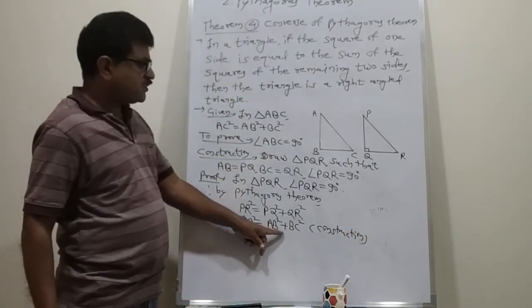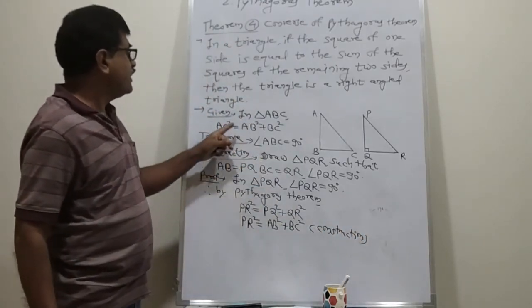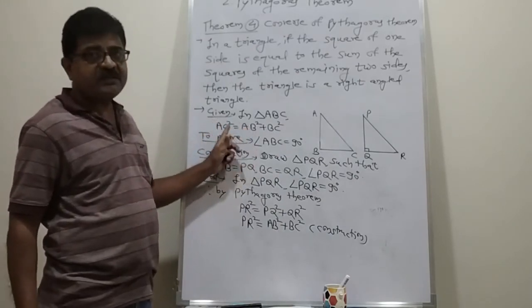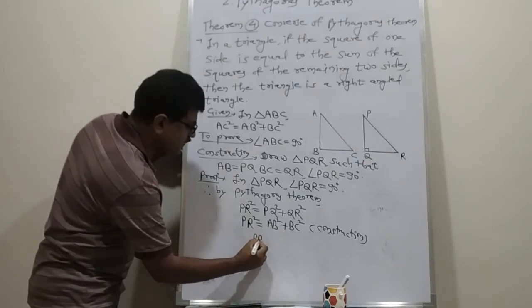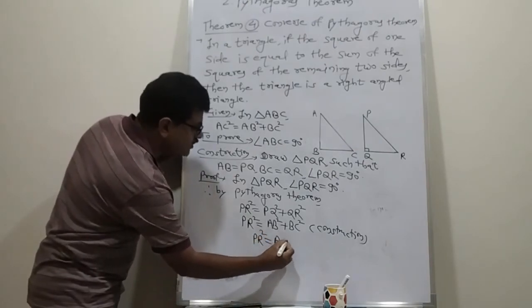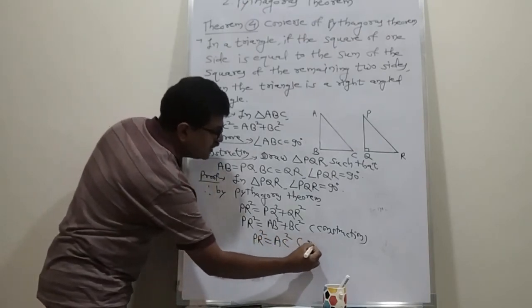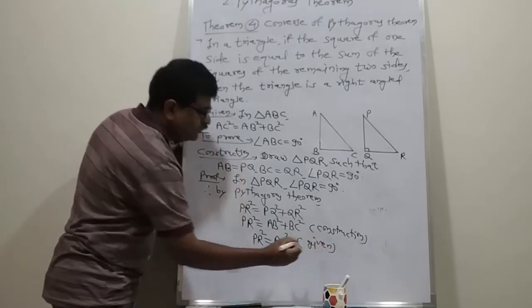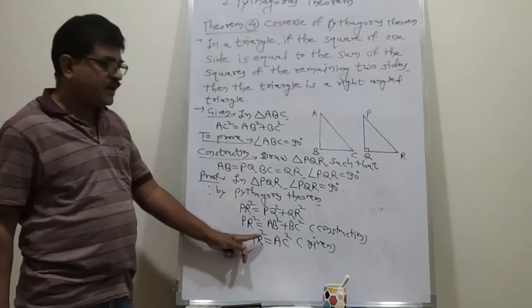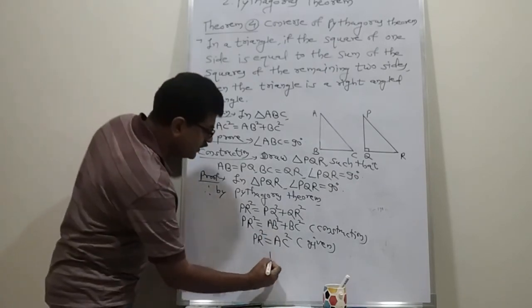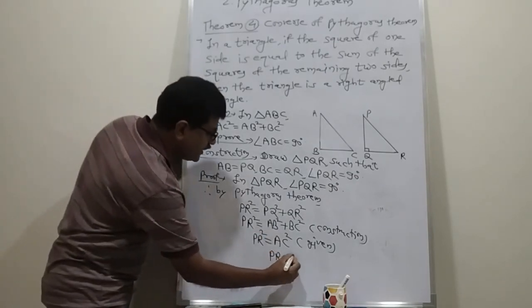Now AB square plus BC square, we have given, is AC square. Therefore PR square is equal to AC square. Now taking square root of both sides, we get PR is equal to AC.